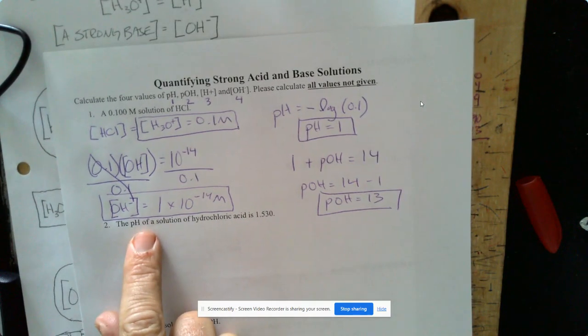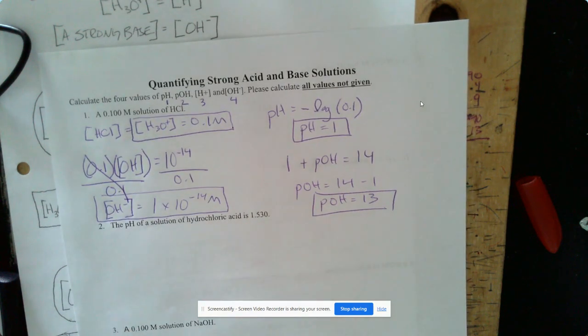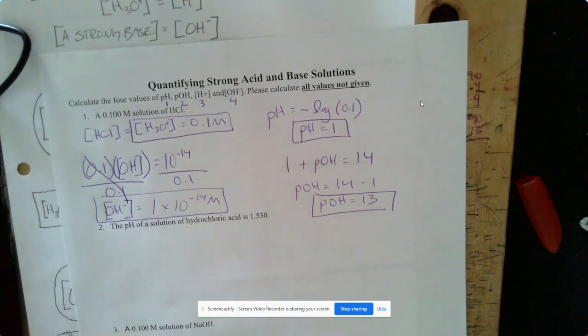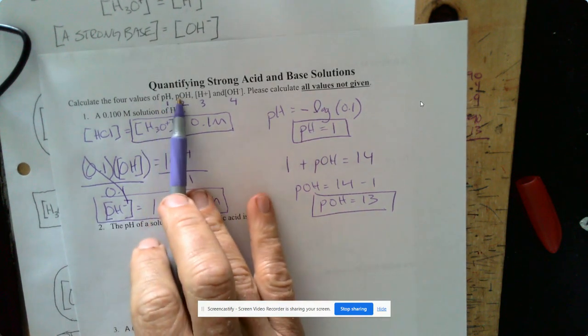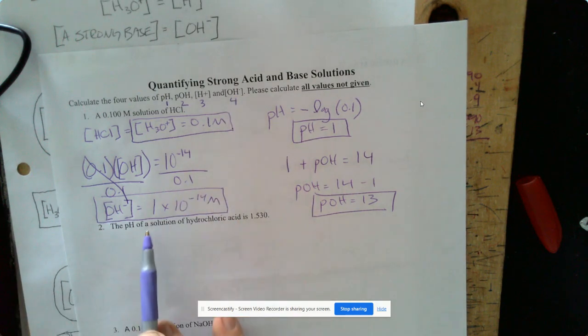Now we're going to do this one down here. The pH of a solution of hydrochloric acid is 1.530. So remember, there's always going to be 4 that we need, and one of them is always going to be given to us. So which one did they give us here? Well, it looks like they gave us the pH.